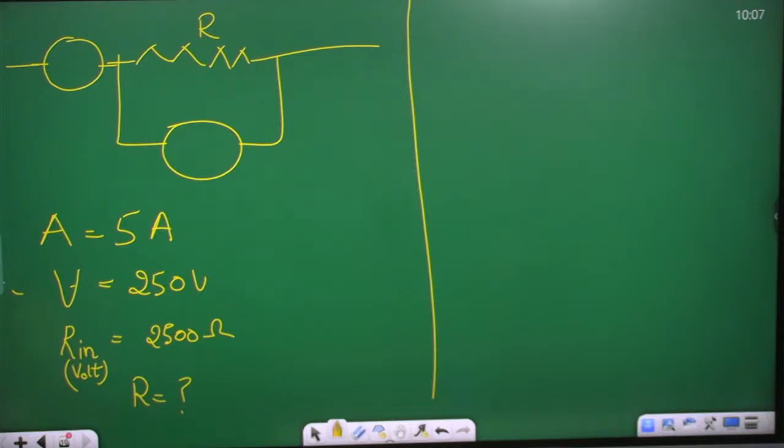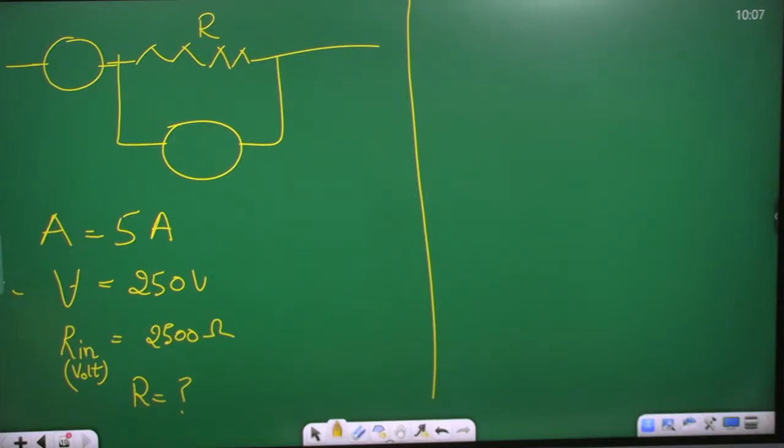So how do you connect voltmeter? So ammeter you connect parallel or series. Let's check here. So how do we connect voltmeter?